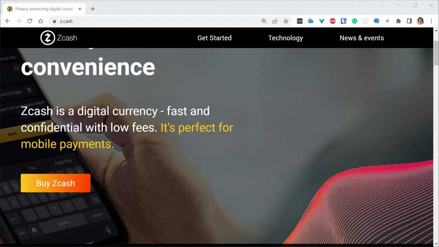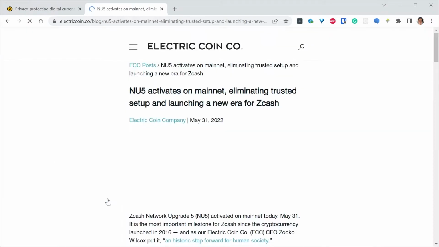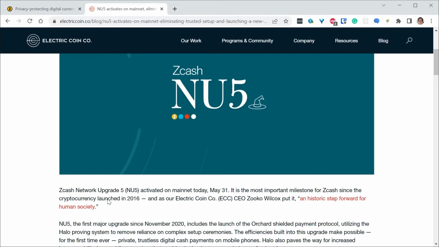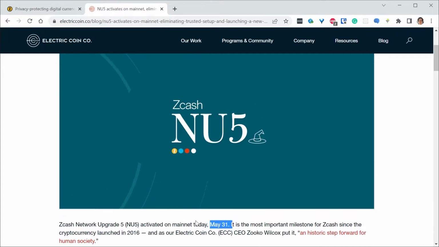There are issues due to the recent release of a network upgrade. We're talking here about the NU5 upgrade, and it activated, if I recall correctly, at the end of May, so about a month and a half ago. NU5 in itself is a combination of several things.